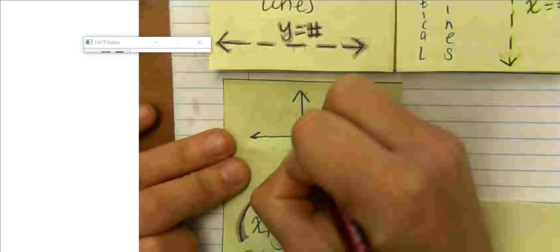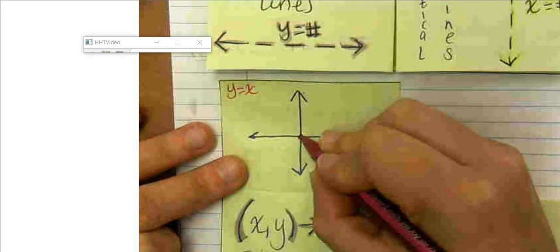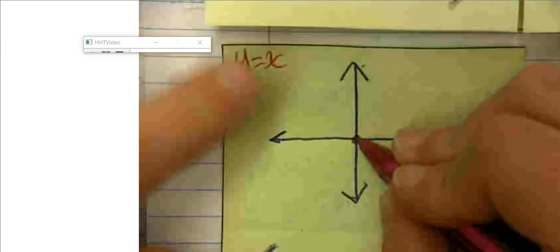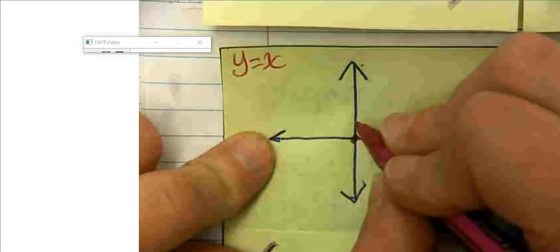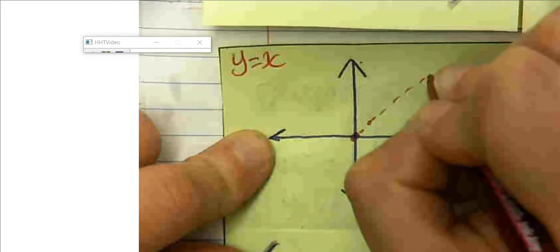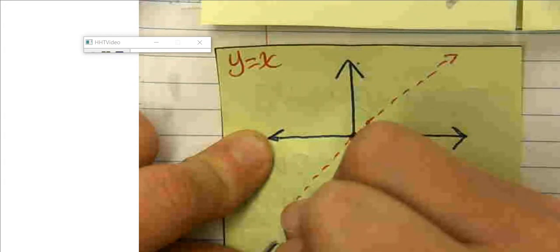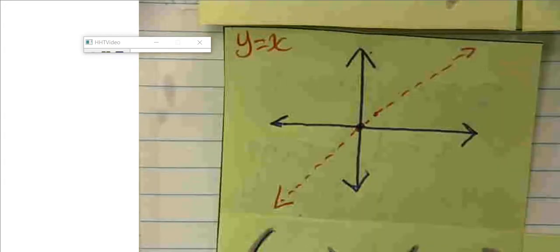So remember that y equals x has a y-intercept at 0, 0. And then I'm going to rise one, run one, and draw a dashed line going through these points. That is my reflection line.